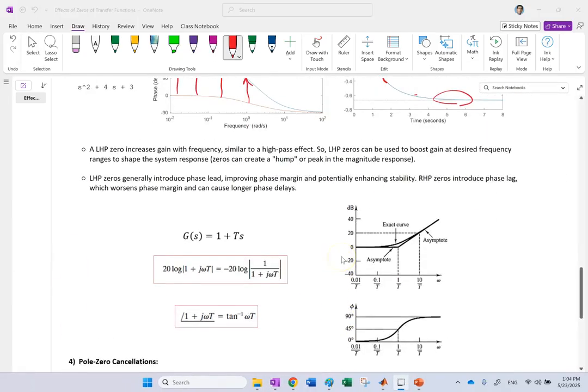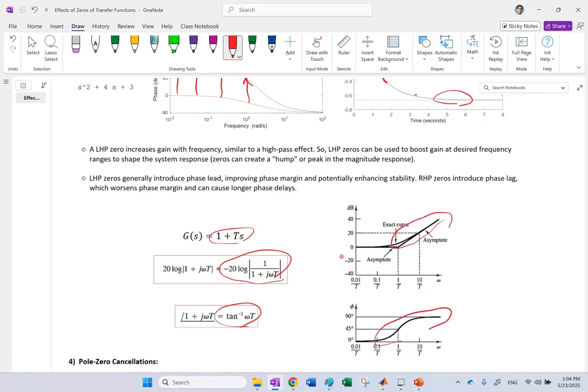Now, next thing in the frequency domain, based on what you know from Bode plots, is if I have a 0 like this, then you know the magnitude and the phase for a 0 like that is basically this is the magnitude, this is the phase. And if you plot them, you see this is the gain, this is the phase. Clearly you see that the gain of a 0 is positive, and also the phase of it is positive.